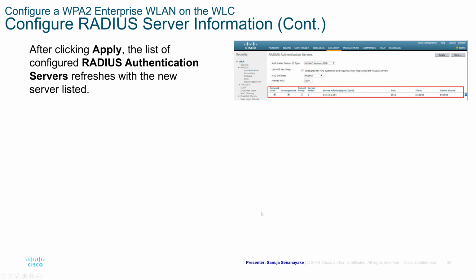So after you click apply, the list of configured radius authentication servers will refresh and the new list will be shown here. So in here right now, we have the one that we just created shown on the list of radius servers on this WLC.